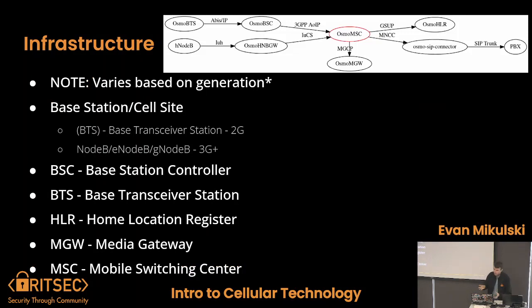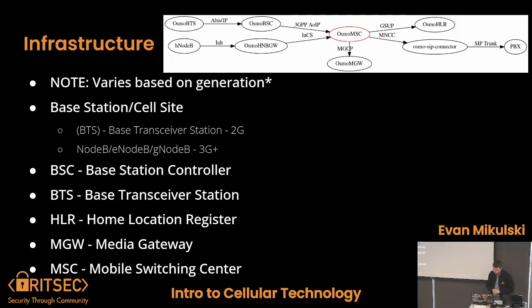Infrastructure. Note, this varies a lot based on generation. This is an image taken from the Osmocom project, an open source implementation, which I'll touch more on in a minute, showing an example backend.